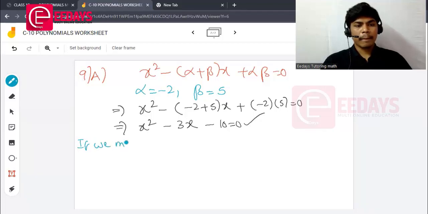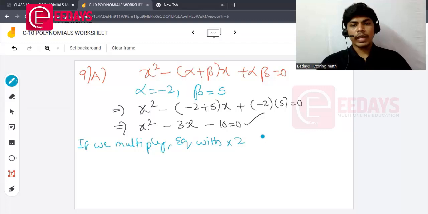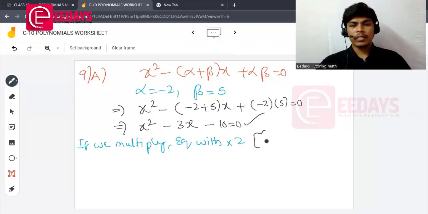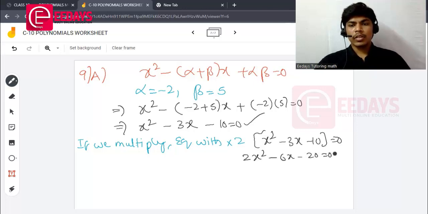If we multiply this equation with 2, x square minus 3x minus 10 is equal to 0, multiplying with 2, we are getting 2x square minus 6x minus 20. So this is one of the equations.